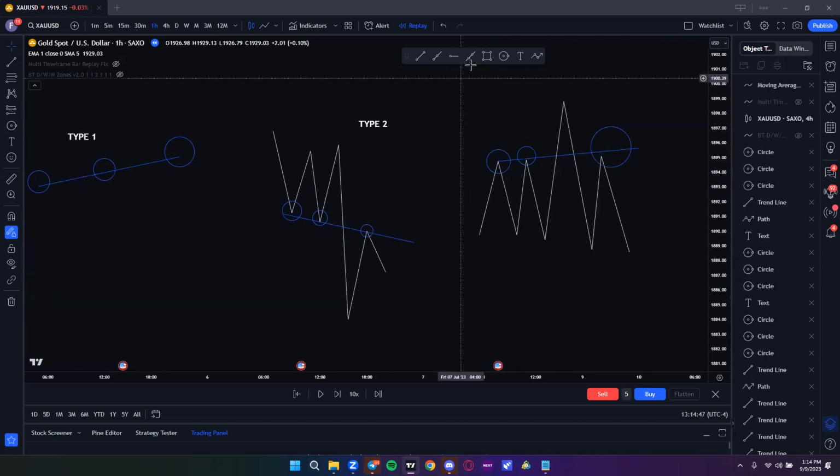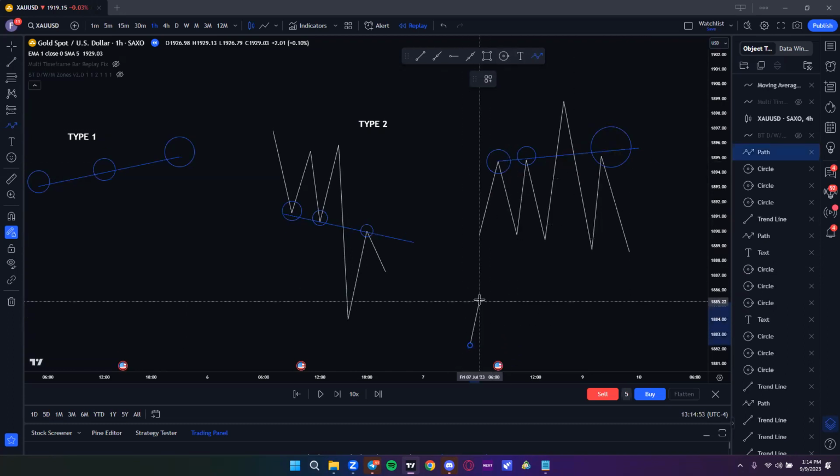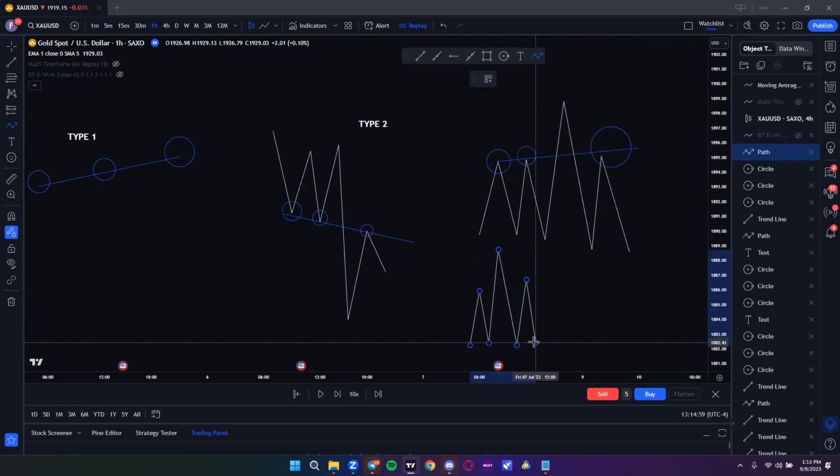This schematic can also look like this, where the head, like I said, it's a head and shoulders trend line.